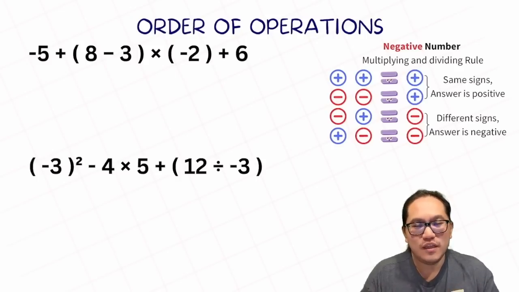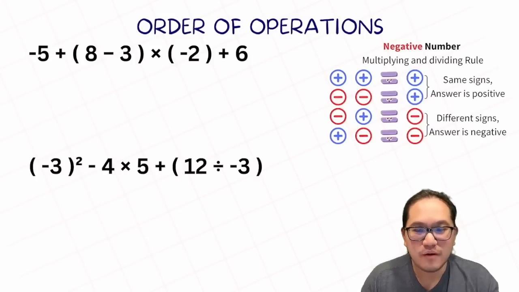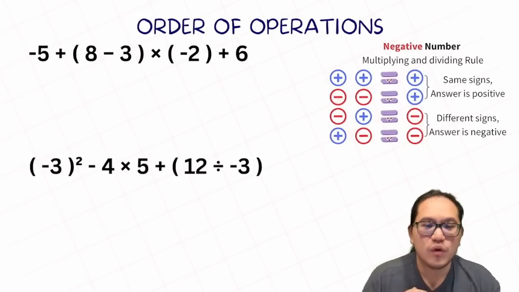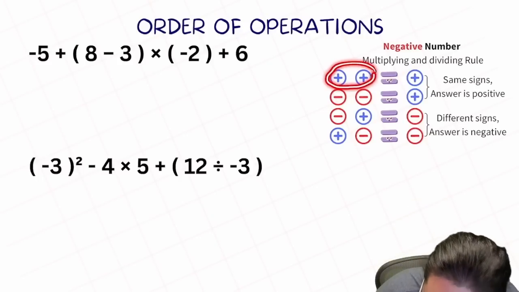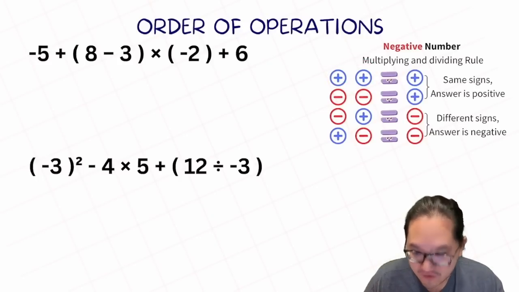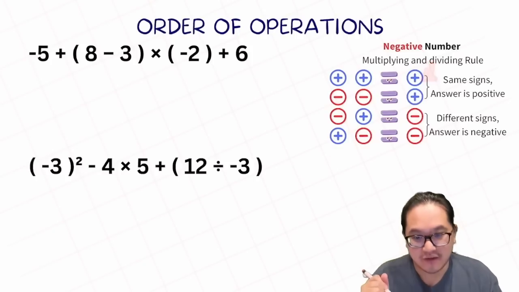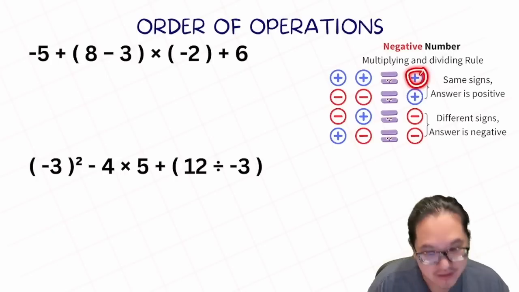So now we need to introduce something called negative numbers. Negative is important because when it comes to negative multiplication and division, we got little rules that we need to remember, which is when two signs get multiplied or divided together, if they are the same, you will get an answer that is positive. Positive multiplied by positive, you'll get a positive.